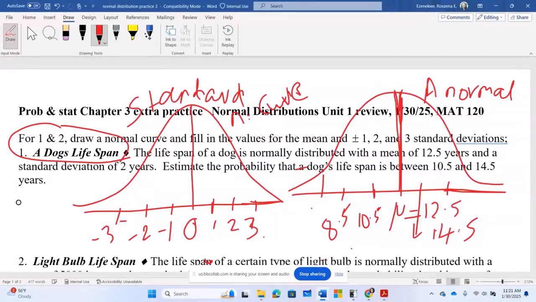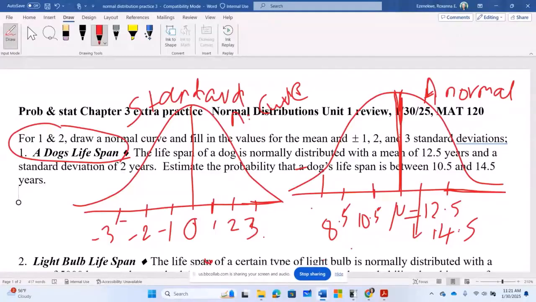And you can standardize using your Z chart, which I put in Blackboard this morning. Okay, and by the way, how did we actually arrive here?